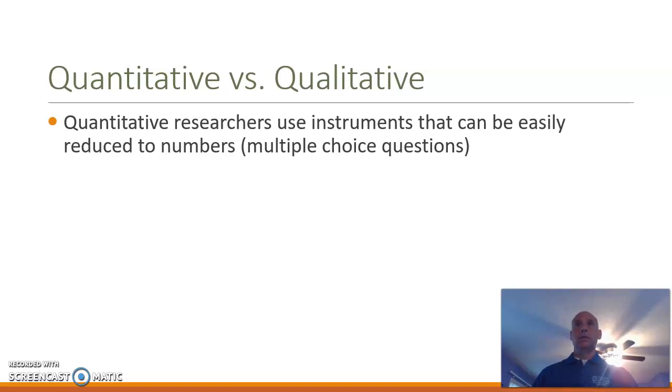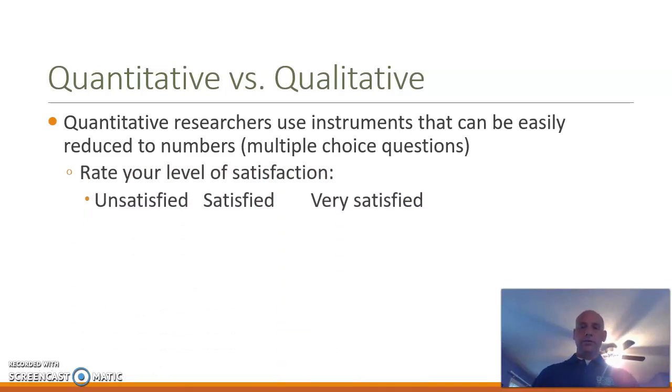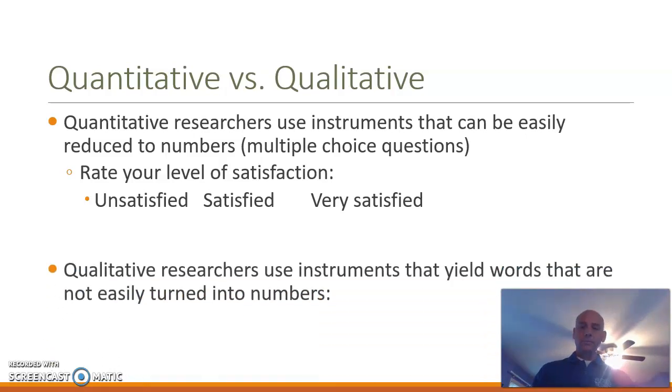So their example, unsatisfied or very unsatisfied to very satisfied with this course. Okay, we can take that and make it into numbers. We can find an average, and we can do those type of things with it.